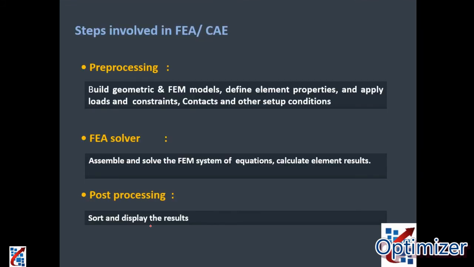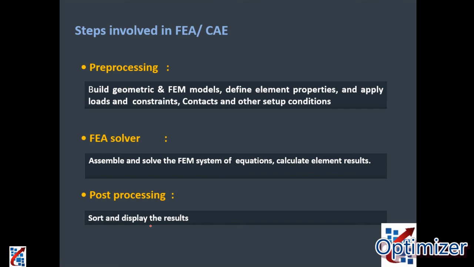So the steps involved: whatever procedure we discussed in the last slide, we are going to divide into 3 parts: pre-processing, FEA solver or solution, and post-processing. What is this? The pre-processor is the step in which the user gives input to the software.